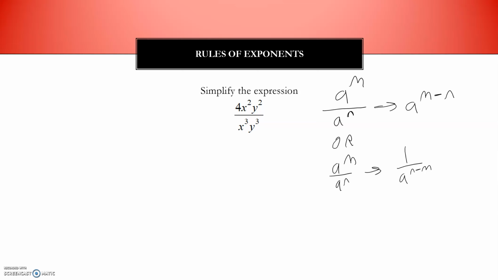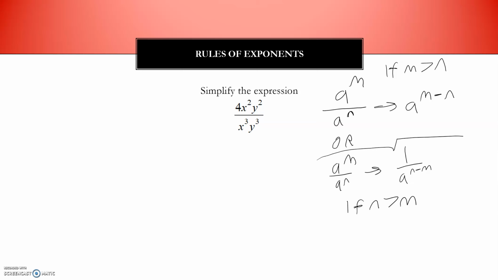If you want to put it in the denominator, you subtract the exponent in the denominator minus the exponent in the numerator. My suggestion: if the numerator is the greater power, do it that way. If the denominator is the greater power, do it that way.